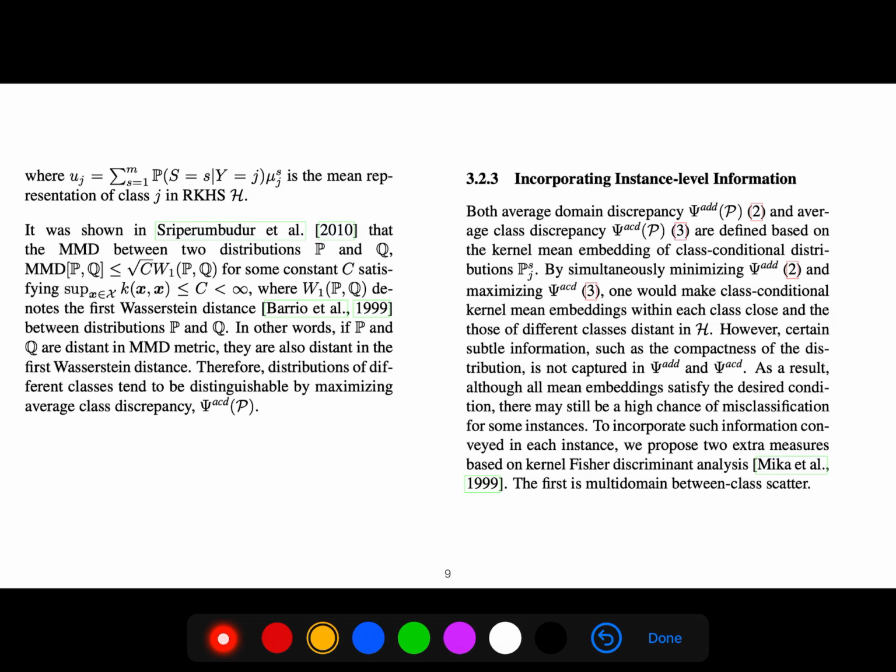So by simultaneously minimizing psi ADD and maximizing psi ACD, one would make class conditional kernel mean embeddings within each class close and those of different classes distant in H. However, certain subtle information such as compactness of distribution is not captured in them. As a result, although all mean embeddings satisfy the desired condition, there may still be a high chance of misclassification for some instances.